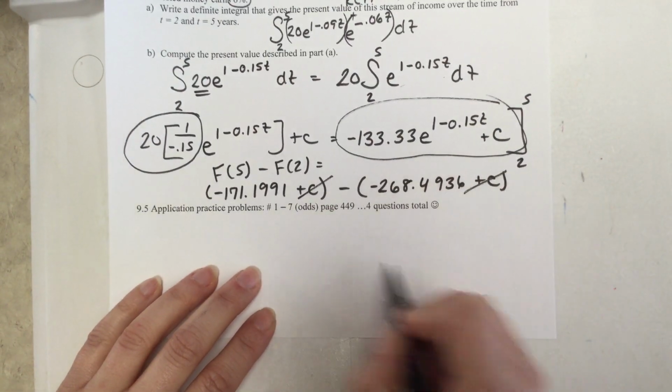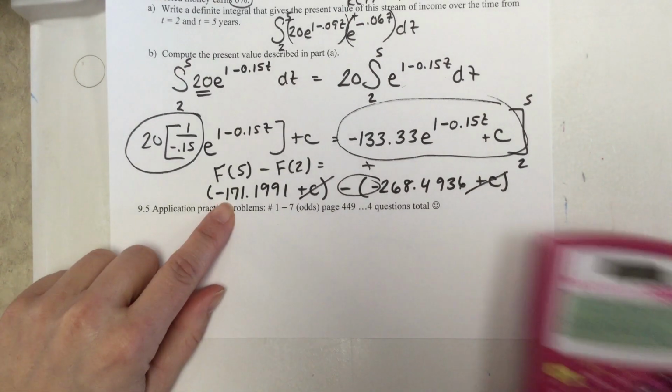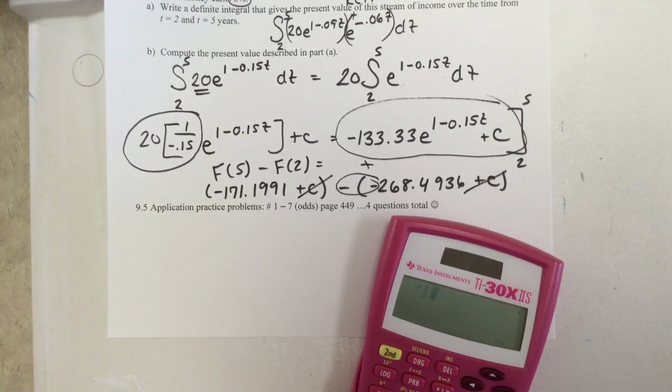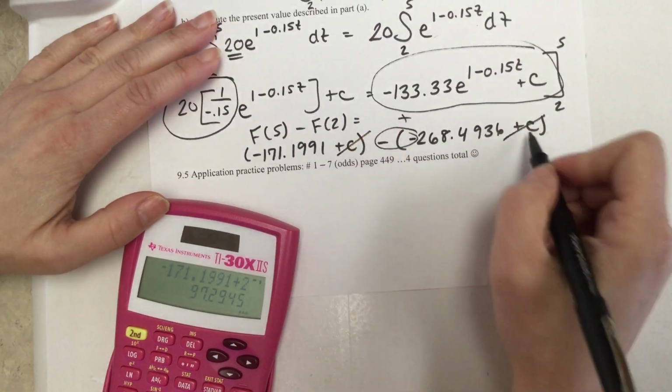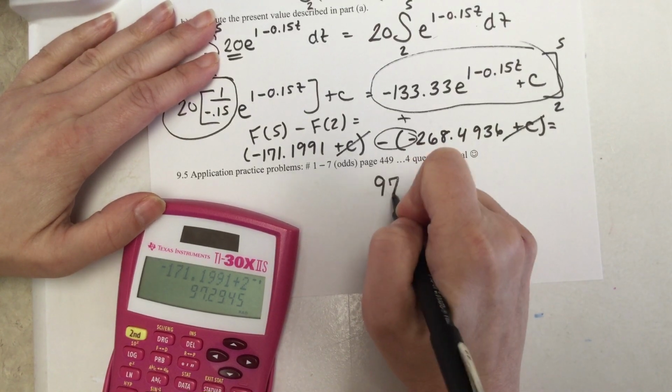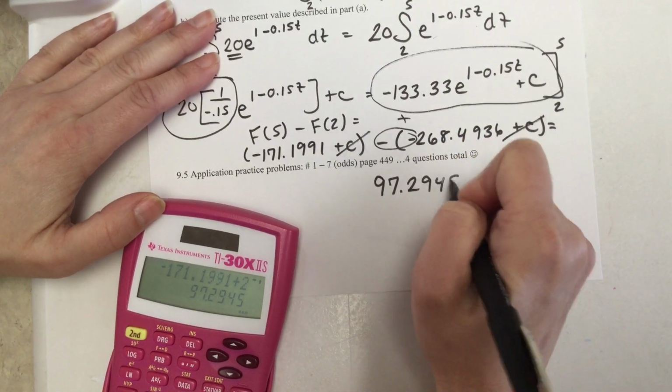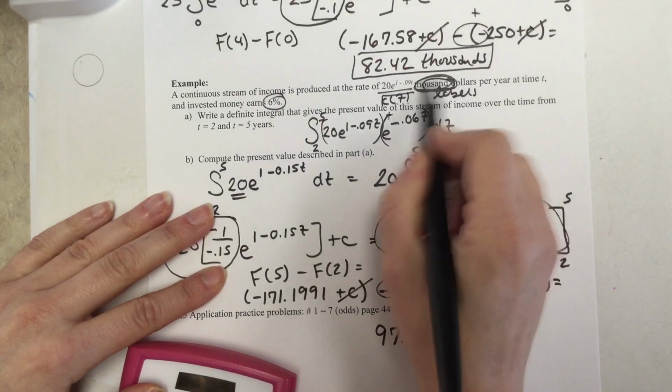Positive C minus C cancels. Minus a negative, turn it into a plus. So negative 171.1991 plus 268.4936. Go ahead and write out your final answer. I have 97.2945. That is in thousands.